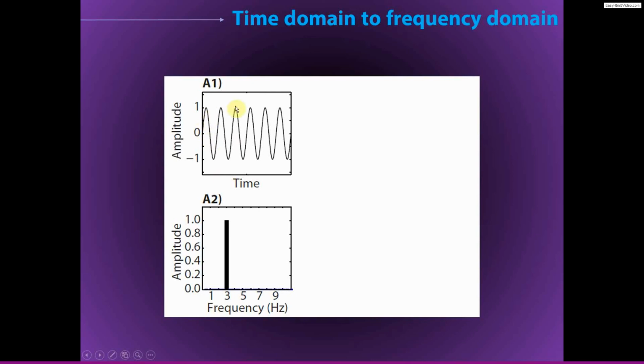So here, this sine wave, this is a 1 second tick mark. So here we see that this sine wave has 1, 2, 3 cycles within a 1 second period. And so now here in this plot, we see a frequency of 3 hertz, 3 cycles per second, and we have an amplitude of 1.